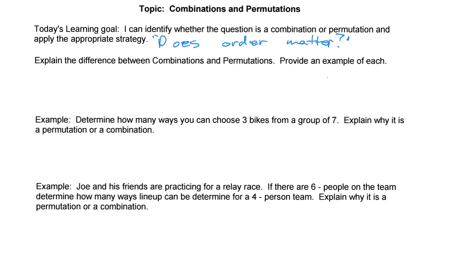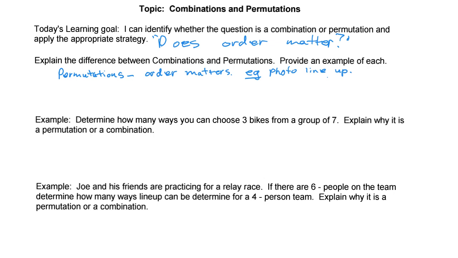So now let's begin. When we talk about permutations, you have to understand that order matters. An example of that would be a photo lineup of all the friends in your class.